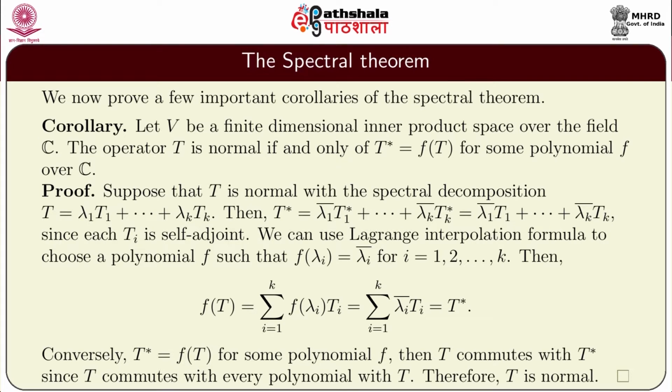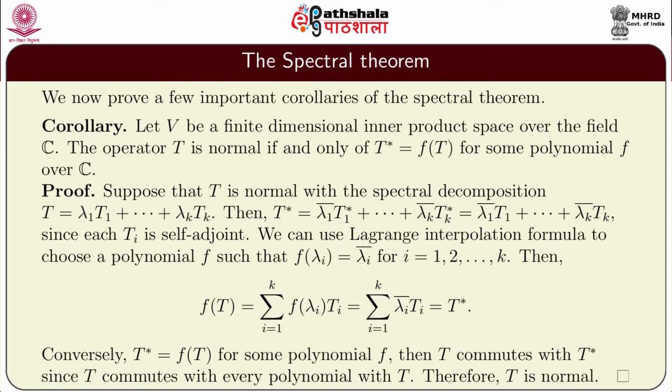Now we can use the very important Lagrange interpolation formula to choose a polynomial f such that f of lambda i is equal to lambda i bar for i equal to 1 to k. Then f of T, which is summation i equal to 1 to k f of lambda i Ti, is the same as summation of lambda i bar Ti, i equal to 1 to k, and that is equal to T star.